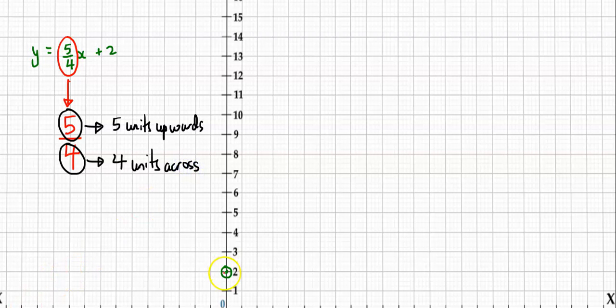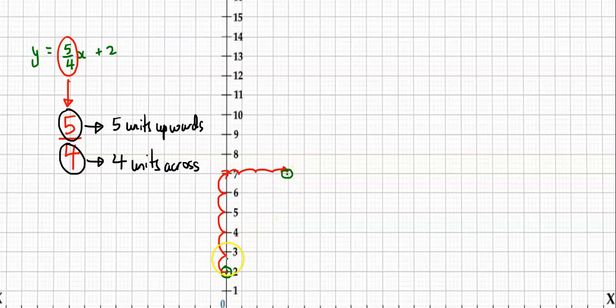Okay, so again, starting from our y-intercept, which is 2, 5 units upwards first. That's going to give us 1, 2, 3, 4, 5. And now we're going to move 4 units across. 1, 2, 3, 4. Alright, so we end at this point here. So we put our next point across here.